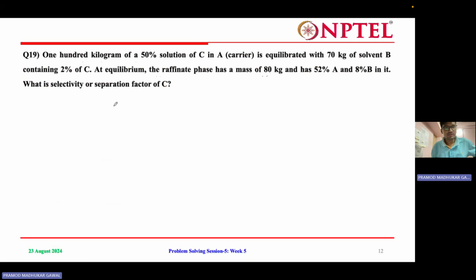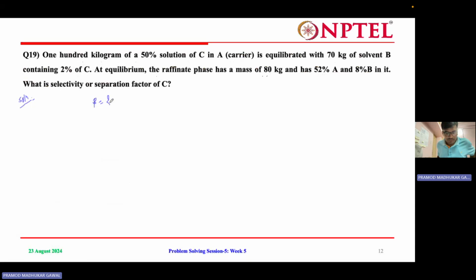What is the selectivity or separation factor of C? In this question, we have to calculate the separation factor, generally denoted by beta.